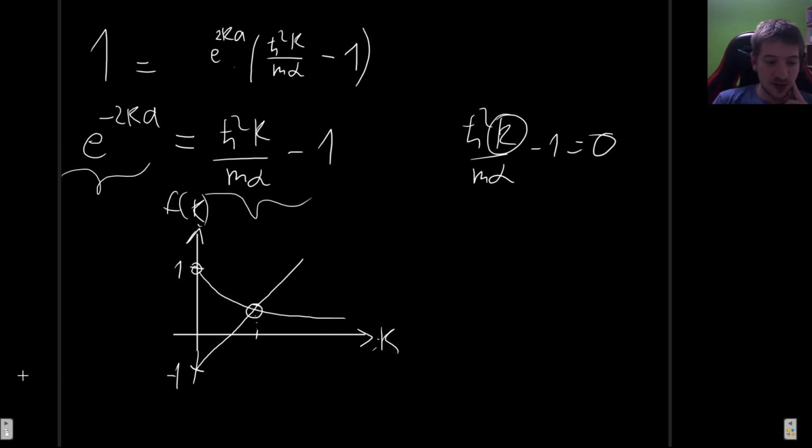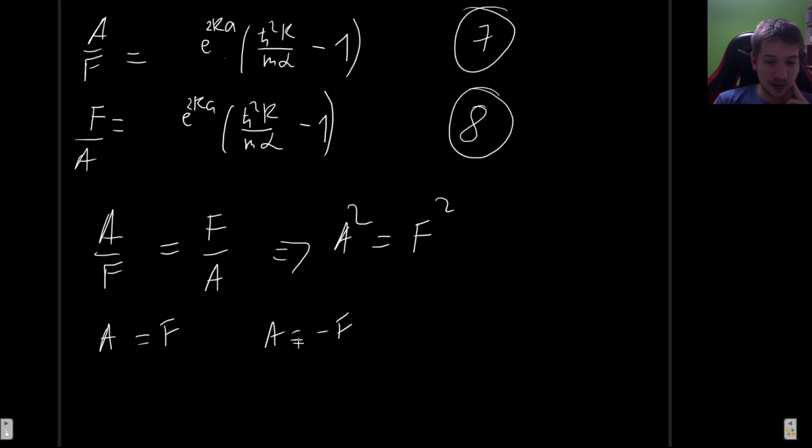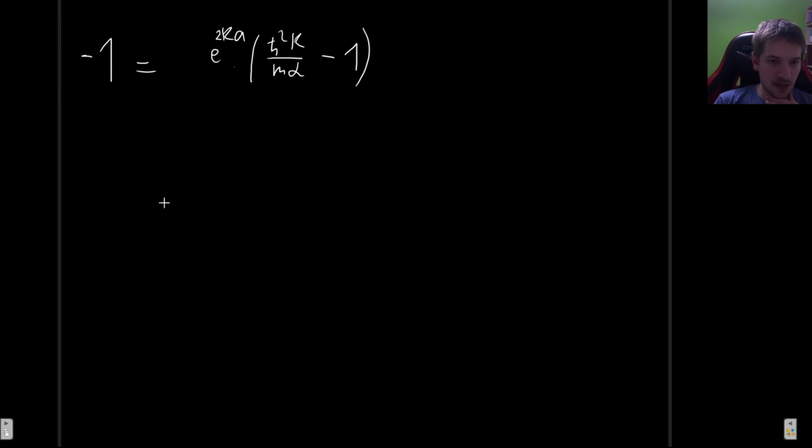Now let us go to the case where a is equal to minus f. So once again, let us take one of these equations. It doesn't matter which one, you are going to get the same result. So now instead of this being 1, let's write it minus 1. So similarly as before, let us divide by this, so we get minus e to the minus 2ka.